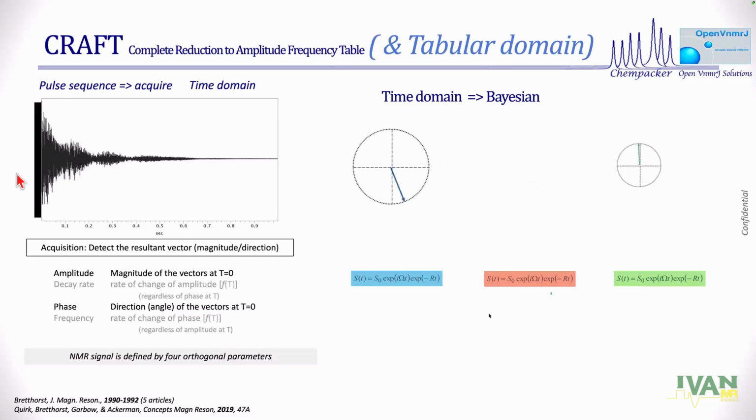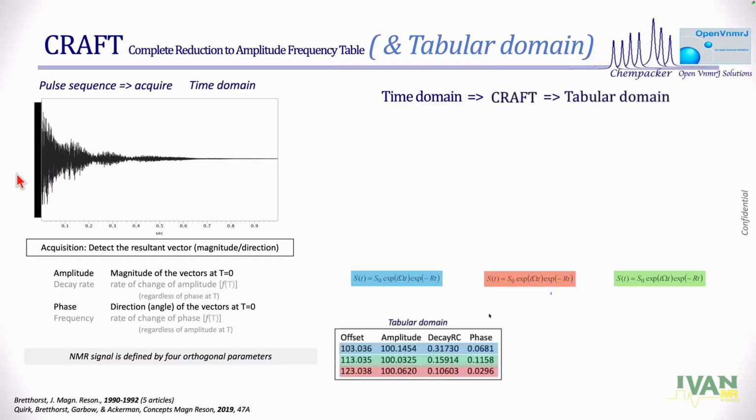I am not a mathematician to even understand what he does, other than just use the power of that package. There is also a review article by Ackerman and group in Concepts in Magnetic Resonance.